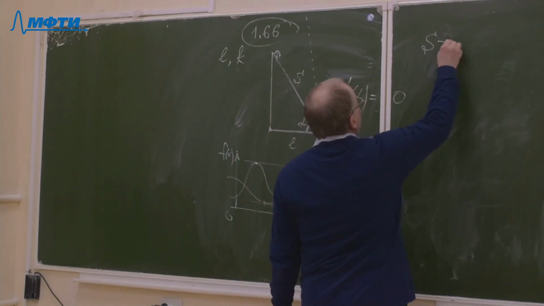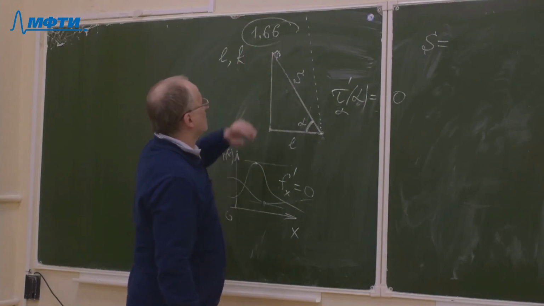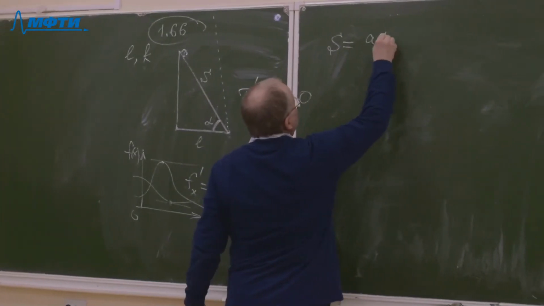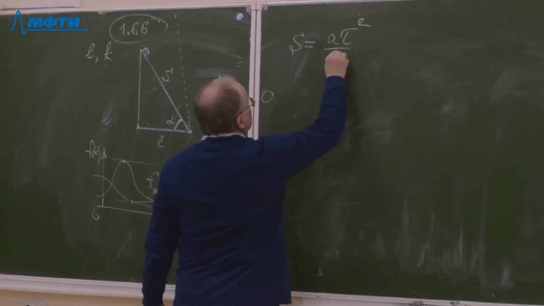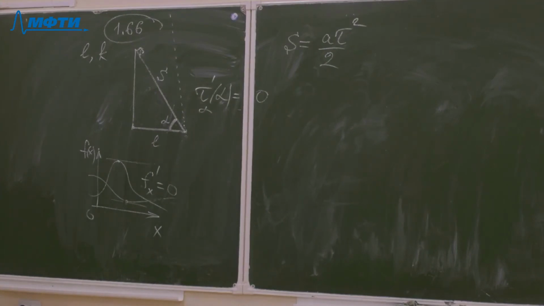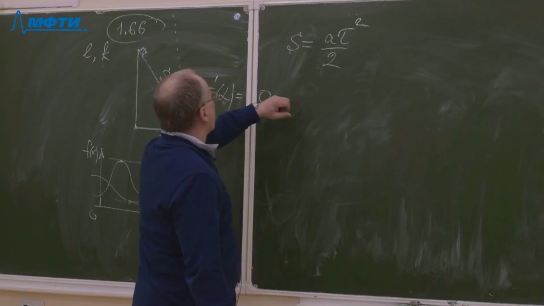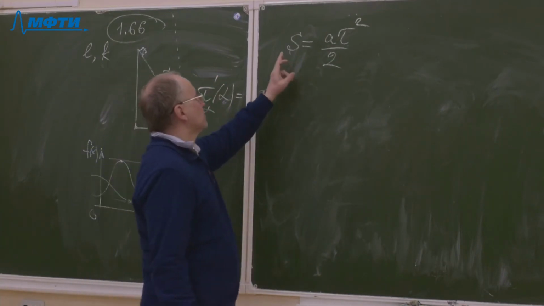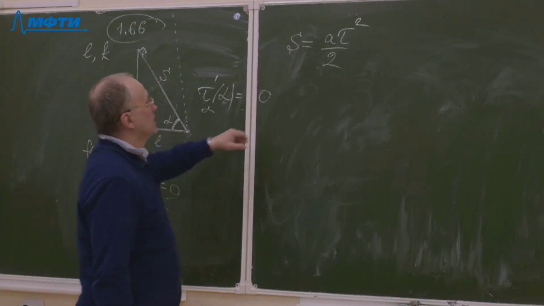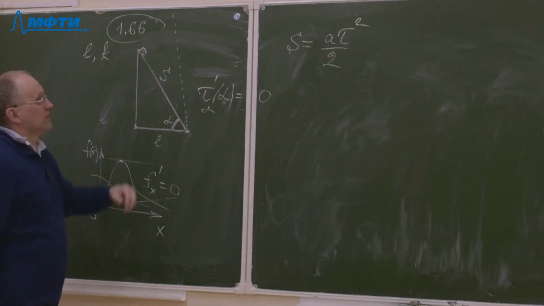So S can be expressed using the acceleration of this body: acceleration times total time of motion squared over 2. That's a kinematical formula for a uniformly accelerated body. This is the relationship between the displacement of the body, uniformly accelerated, and the time needed to move from one point to another point.